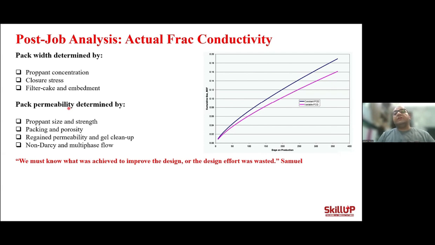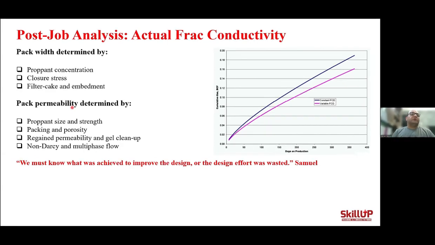So it's really important to match and rematch your post-frac production profile every 3 months to make sure that you understand the actual frac conductivity and the actual frac length already created. And if you get a mismatch, you have to understand what's going on here.